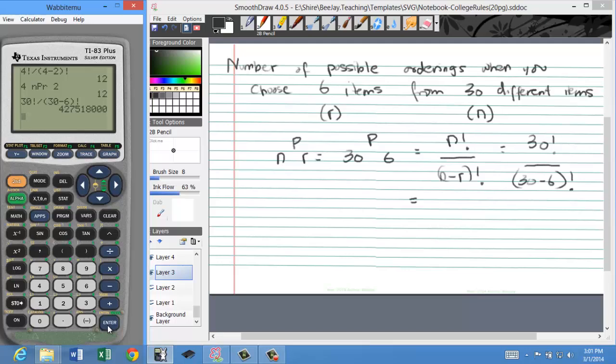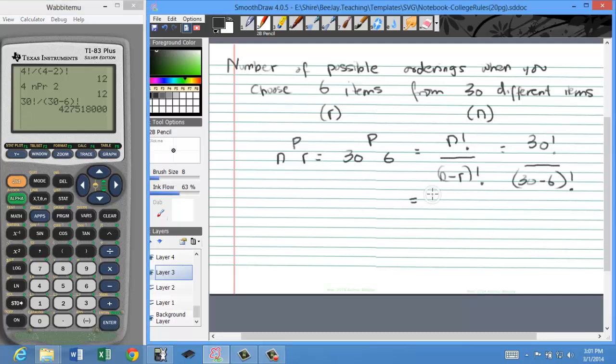So you can't tell me that you could have been able to write, let's say it is about 427,518,000 ways. As I said, it's impossible to write them all out, then count them properly. So I showed you one approach, but an easy way is just to use 30 nPr 6 in the calculator. So that will give us the same answer.